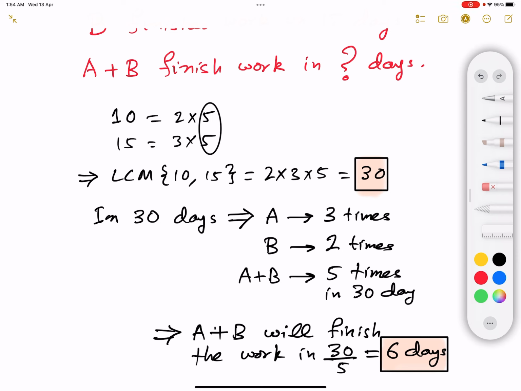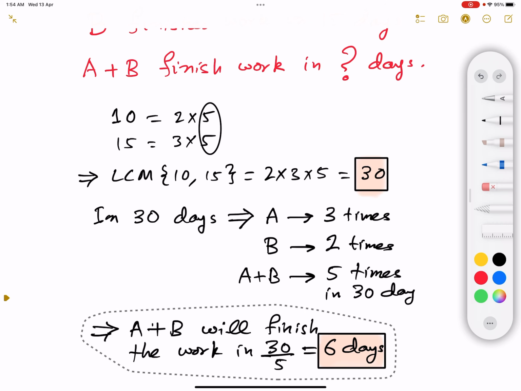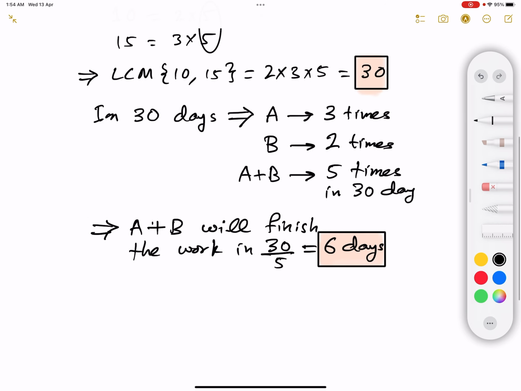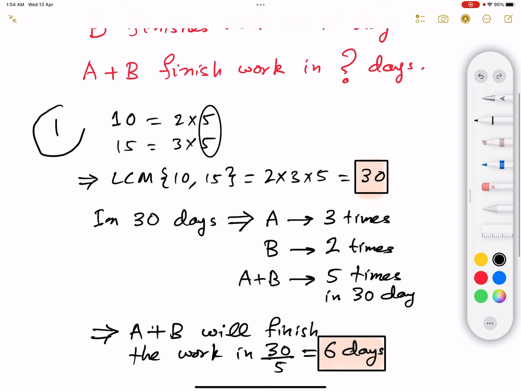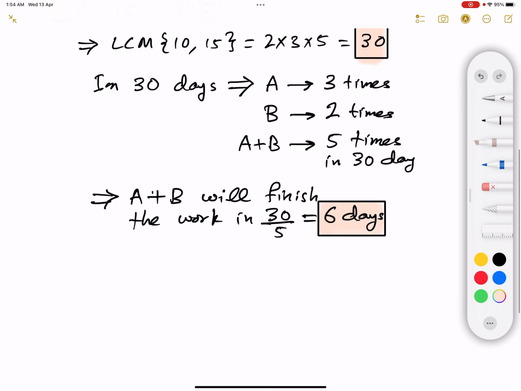So that's the first intuitive answer that I can suggest. I will call this way number 1, which is clearly intuitive and simple.